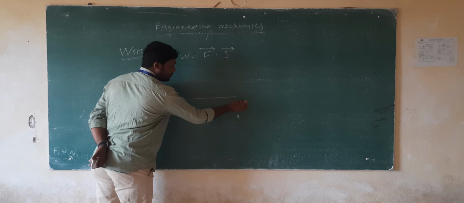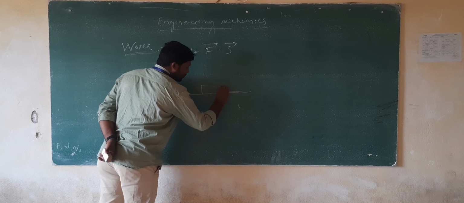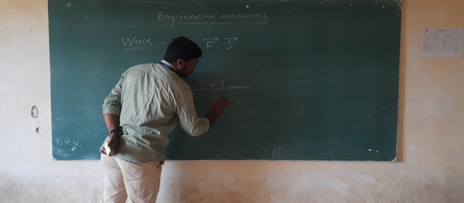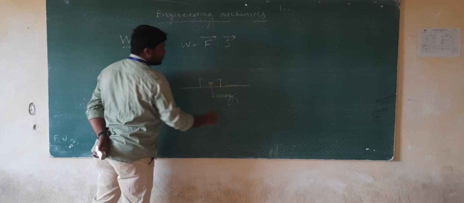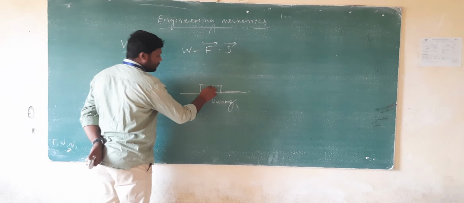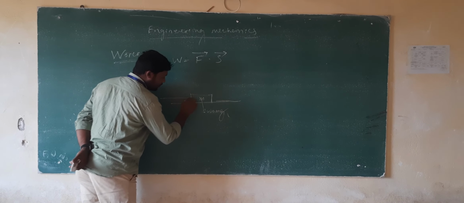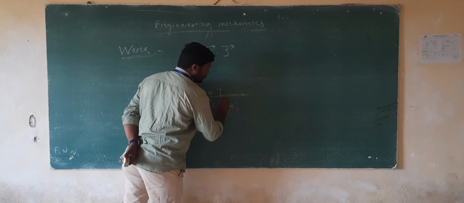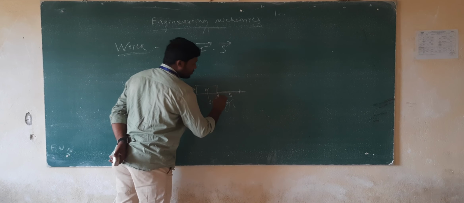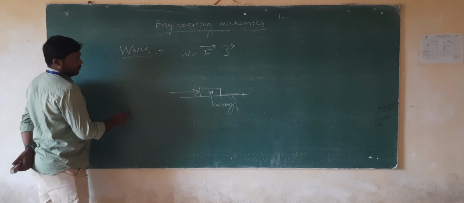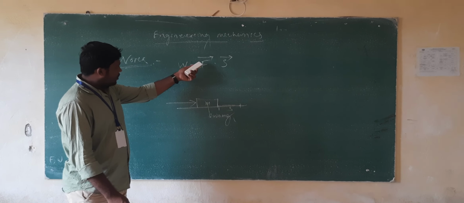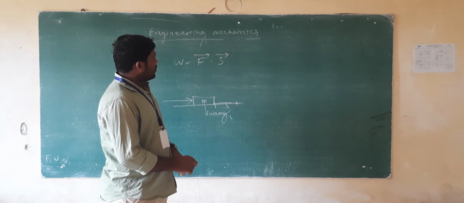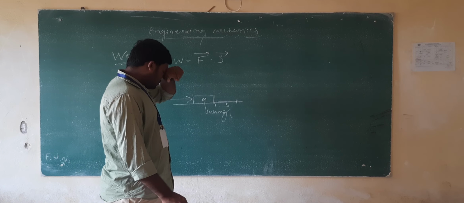Suppose this is a surface and this is a body of mass m, and this is the weight, W equal to mg. If the force acts in this direction, it will cause a displacement s. This is the dot product equation. Force and displacement are vector quantities, but work is a scalar quantity. That's why this is scalar.